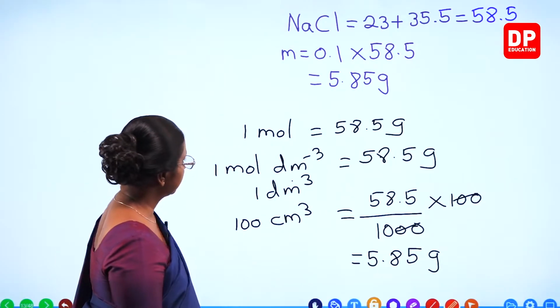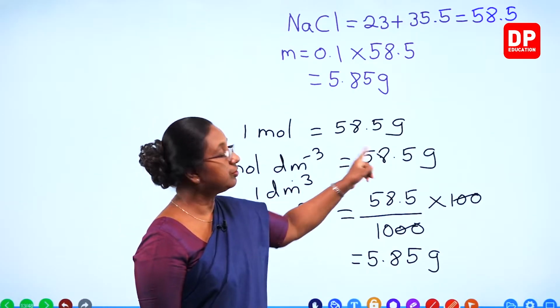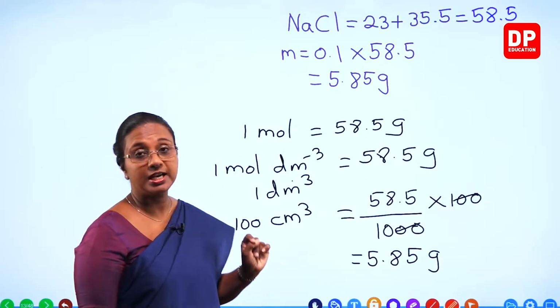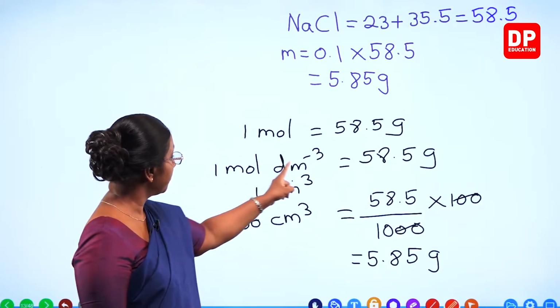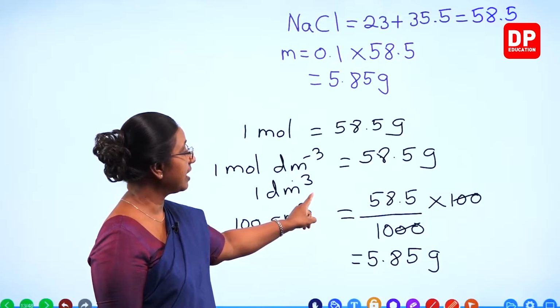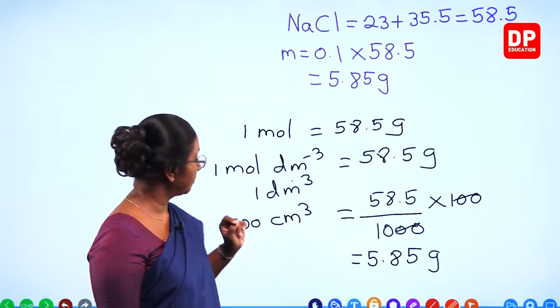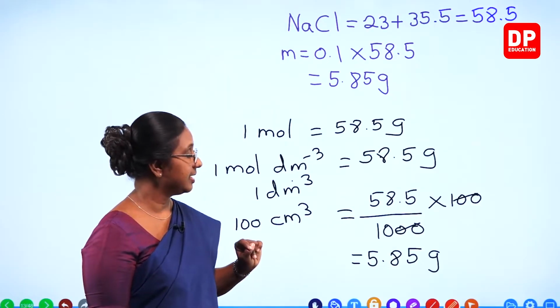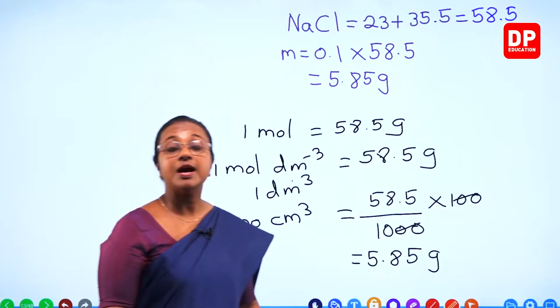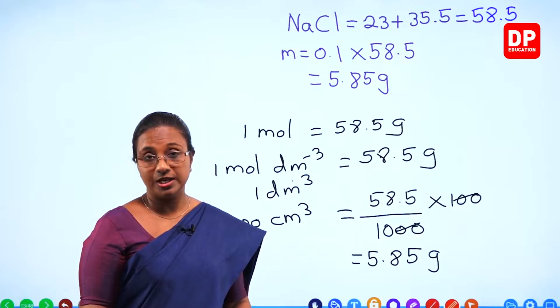Is that clear, students? So, 1 mole is equal to 58.5 grams that we have already calculated. If it is a 1 mole per decimeter cube solution, 1 decimeter cube will have 58.5 grams of sodium chloride. Then in 100 centimeter cubes, you will have 5.85 grams of sodium chloride.